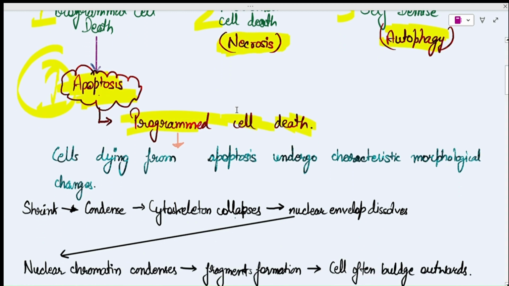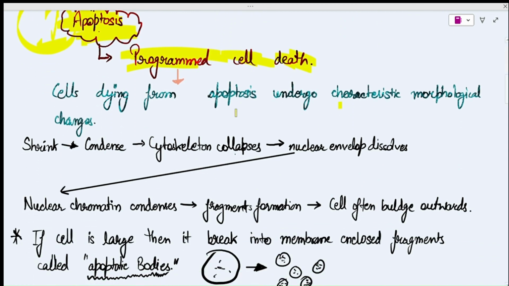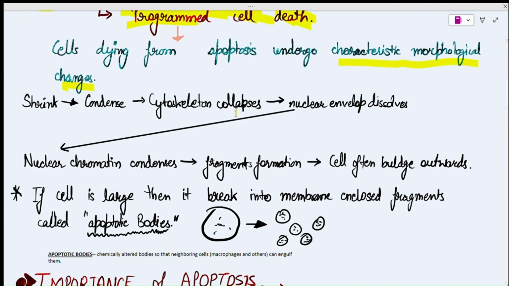The cells dying from apoptosis undergo characteristic morphological changes. What are these changes? Let us suppose this is a cell. First of all, this cell will shrink, so the walls will collapse toward the inside, and then it will condense.